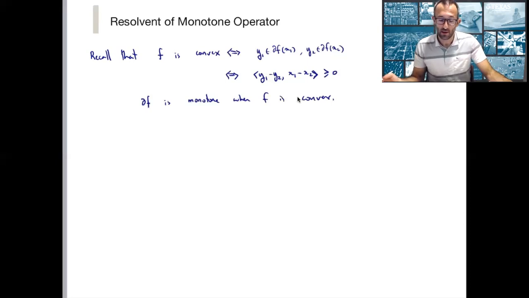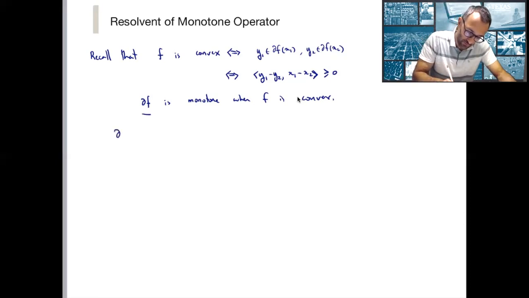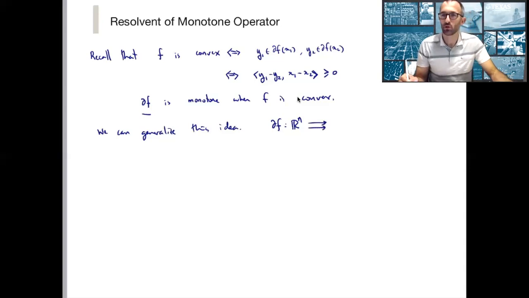But we can generalize this definition to other things. After all, this subdifferential is really just a set. So we can generalize this idea. After all, this is something that maps Rn to, sometimes two arrows are used to indicate a set valued mapping.